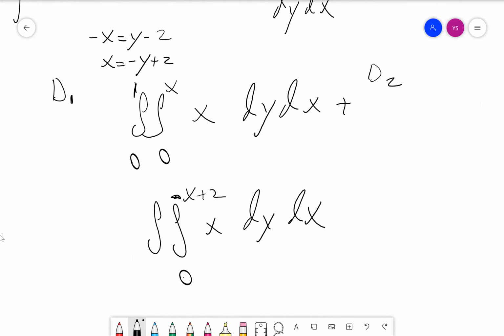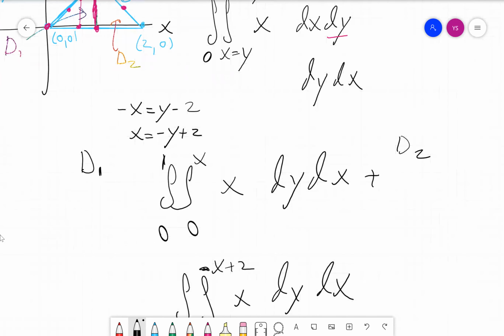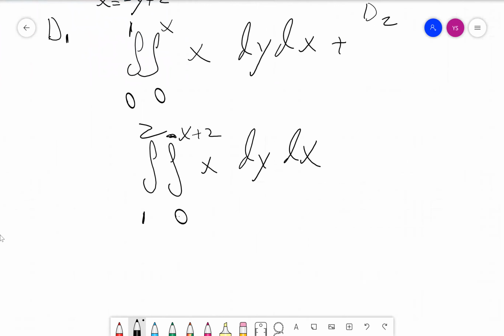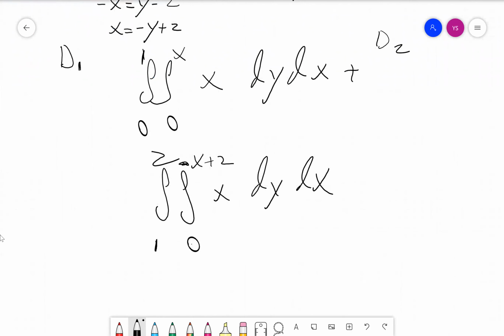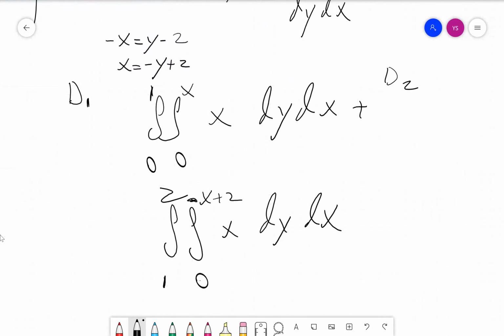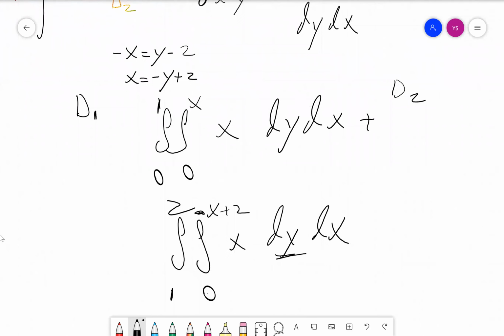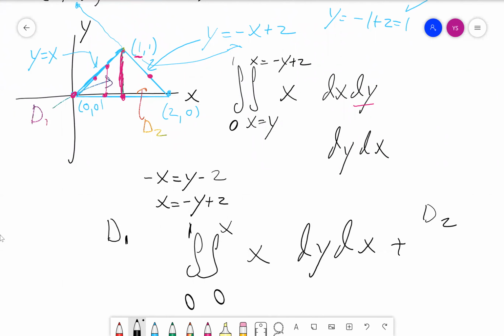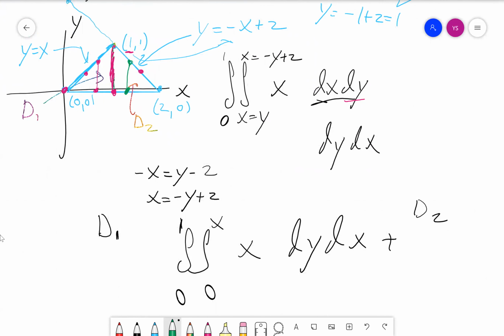And there our x is going to go from 1 to 2. Okay, and then we can evaluate these integrals. We're going from down here all the way up until there, and that's 0 to negative x plus 2. And then we're going from 1 to 2 in the x direction.